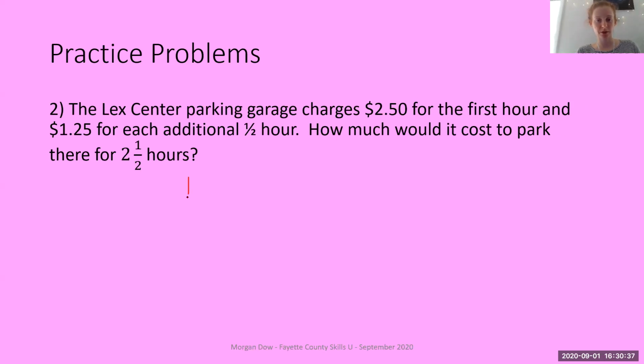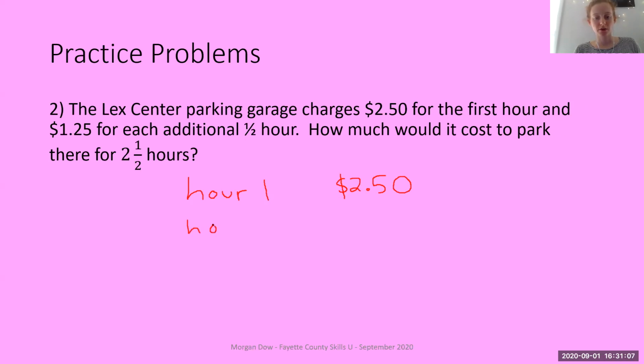So I'm going to go through and start labeling my hours. Hour 1 is going to be $2.50. I'm just going to count up the charges. So after the first hour, we spent $2.50. Now it says $1.25 for each additional half hour.